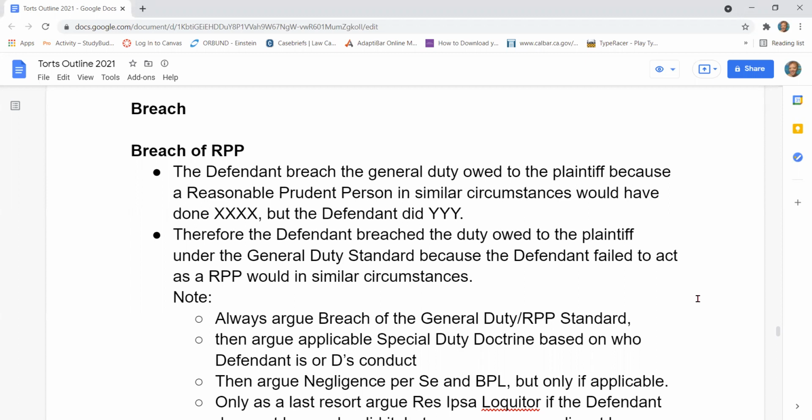Please note, always argue breach of the general duty RPP standard, then argue applicable special duty doctrine based on who the defendant is or the defendant's conduct. Then argue negligence per se and BPL, but only if applicable.